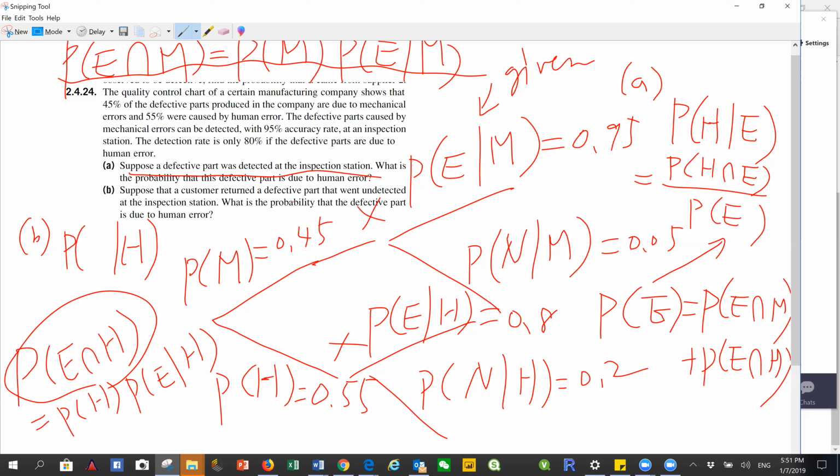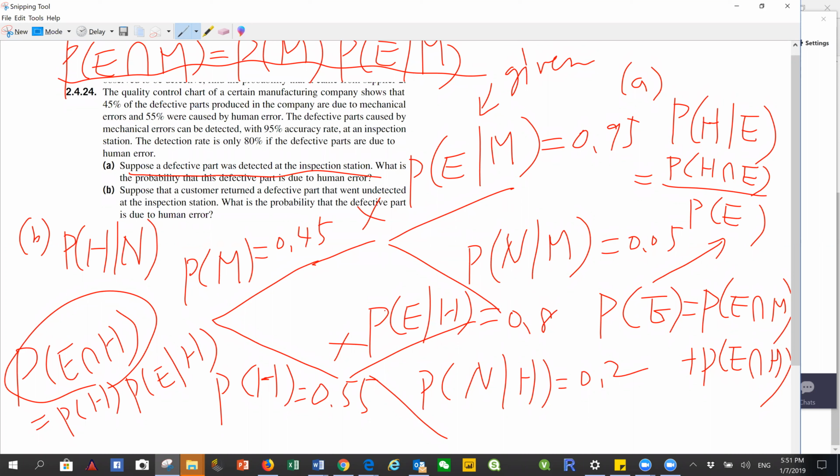Let's return a defective item, given it is N. Oh, sorry. Given it is N, which is non-detected because it went to the customer. Okay. So what's the probability that it's due to human error? Okay, now that answers the question.